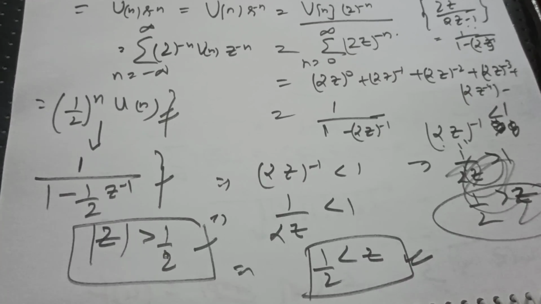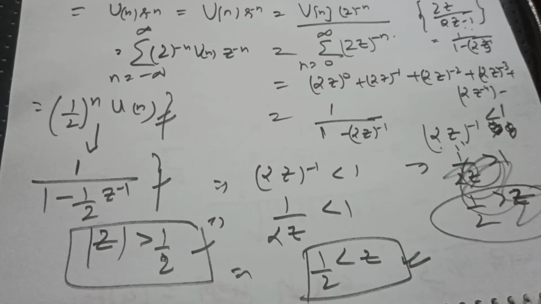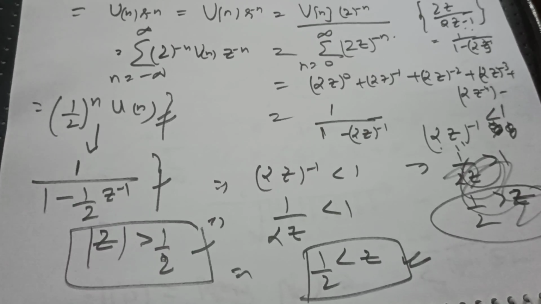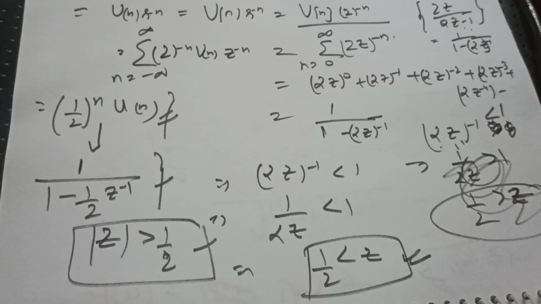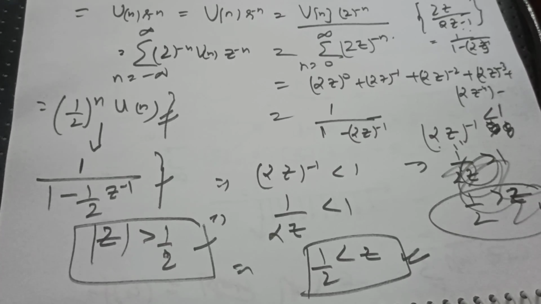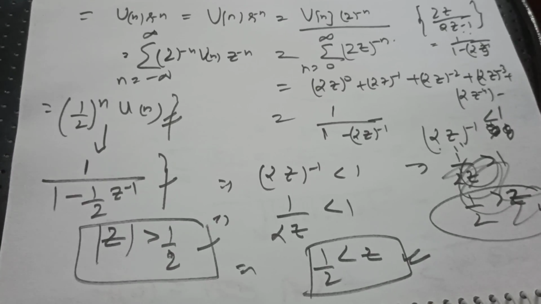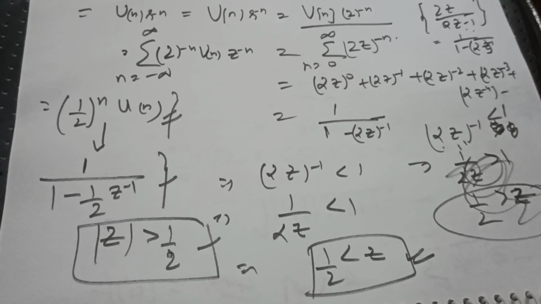So whenever we are using the Z transform or expressing signals, we have to be very particular that the region of convergence is totally specified. Now have a look at the second sequence, that is 2 to the power minus n u[n]. I can say that this is a to the power minus n u[n].